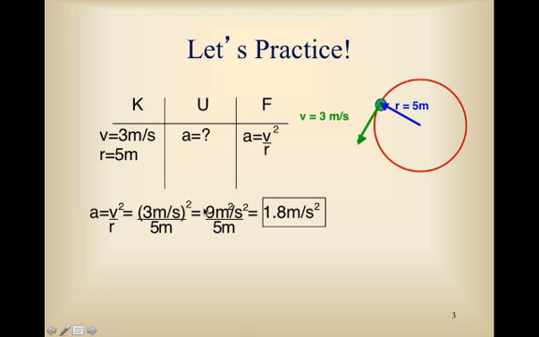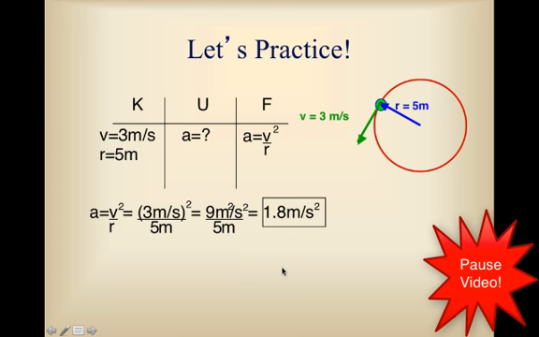So 3 squared is 9 meters squared over second squared divided by 5 meters. One of these meters cancels here, and we get 1.8 meters per second squared. So that's how you do problems for centripetal acceleration. So pause the video and put this slide in your notes, please.